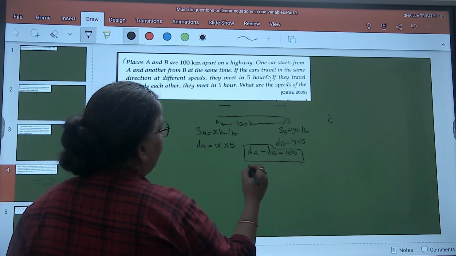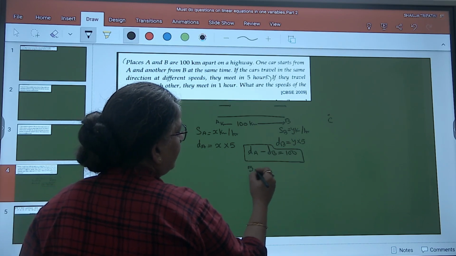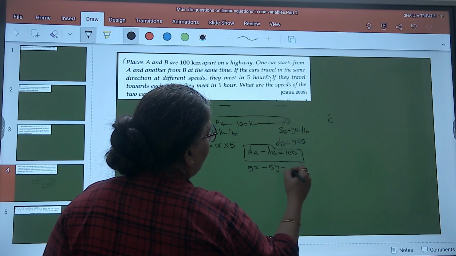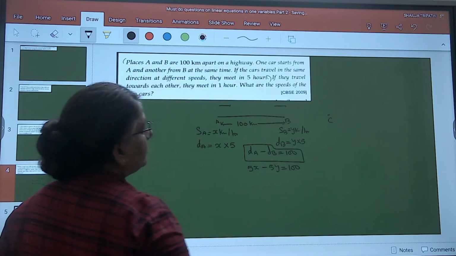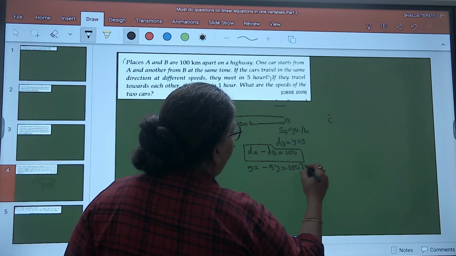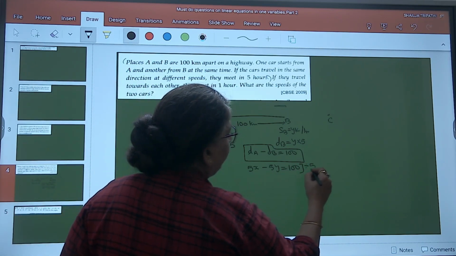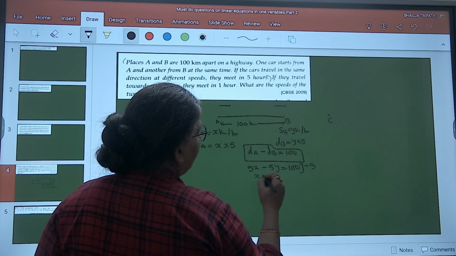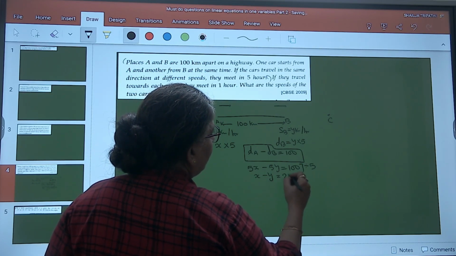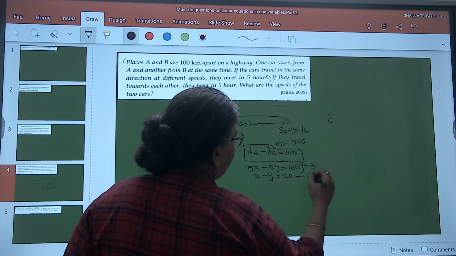See, now we get 5x minus 5y is equal to 100. Now we can further reduce this by dividing the whole equation by 5. So you get x minus y is equal to 20. So this is our first equation.